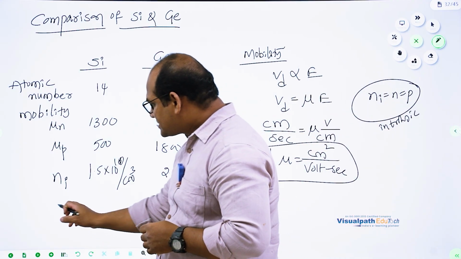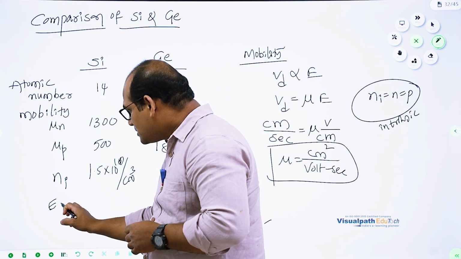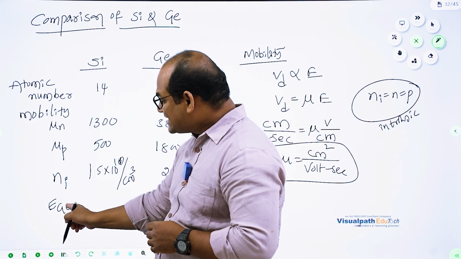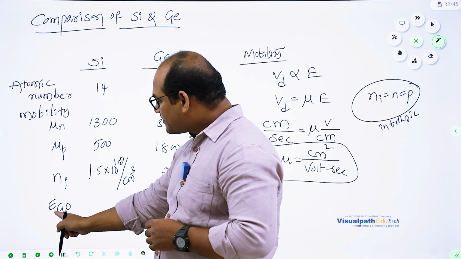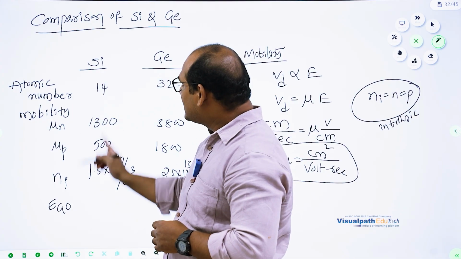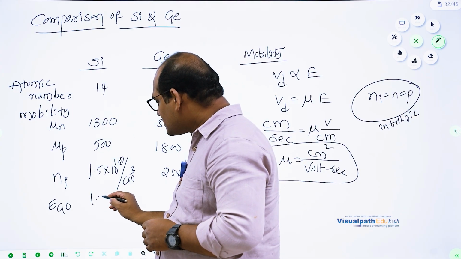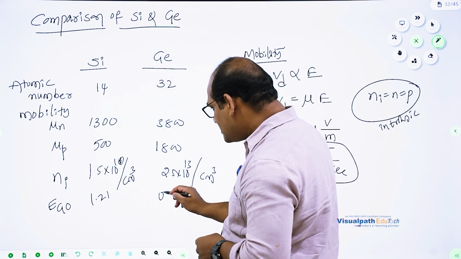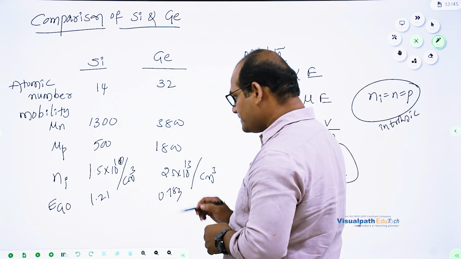And you can compare with respect to Eg also. Eg at 0 degrees Kelvin is given by Eg naught. Eg naught means energy gap at temperature equal to 0 degrees Kelvin. In case of silicon, it is 1.21, and in case of germanium, it is 0.783.